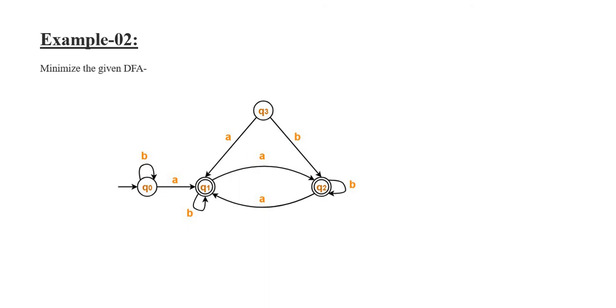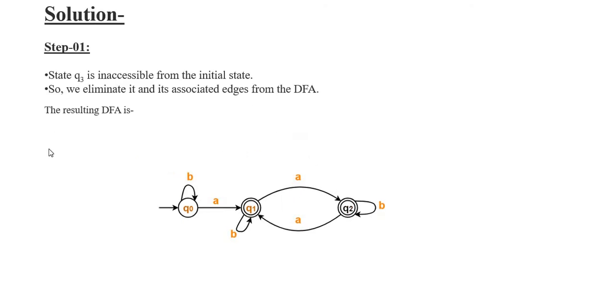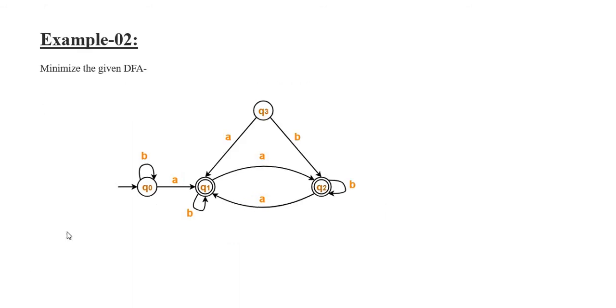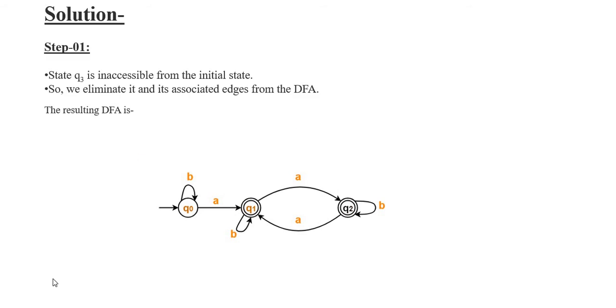So first find any dead state or inaccessible state in the given DFA. State Q3 is inaccessible from the initial state. This one is your inaccessible state because from initial state Q0 you cannot reach Q3. So remove this state.